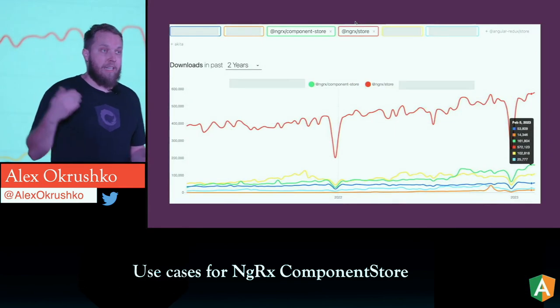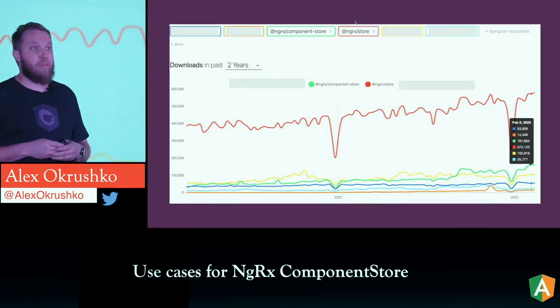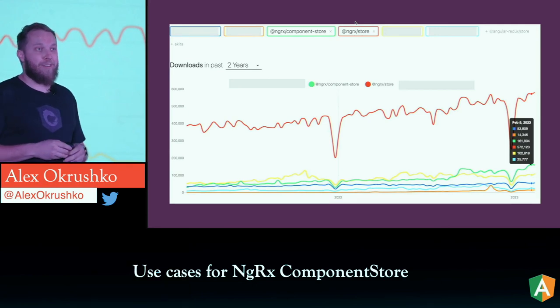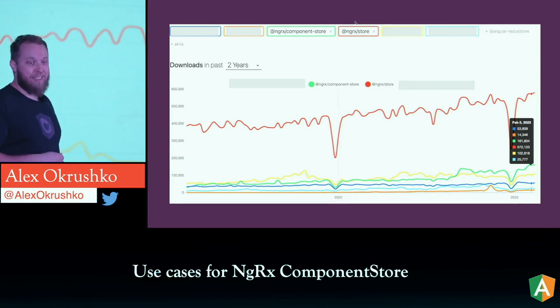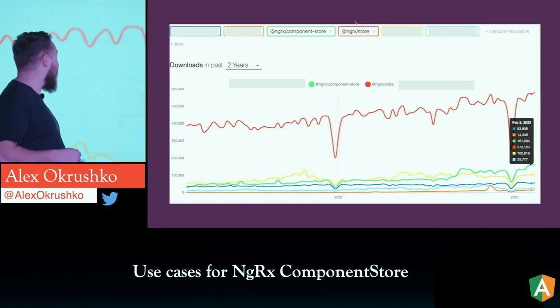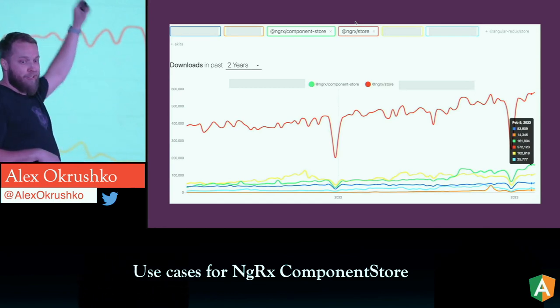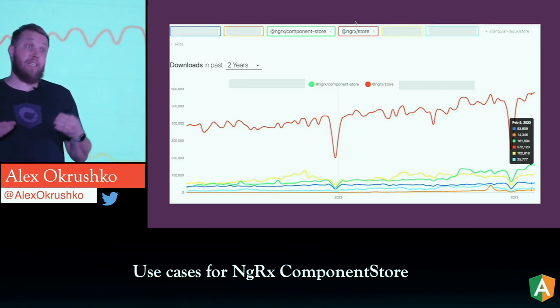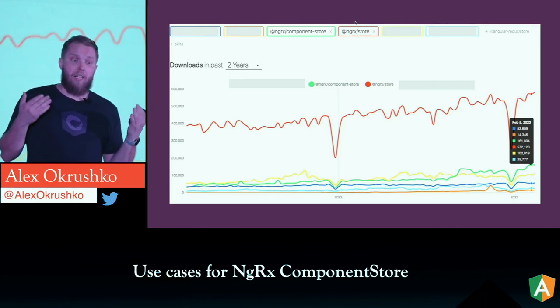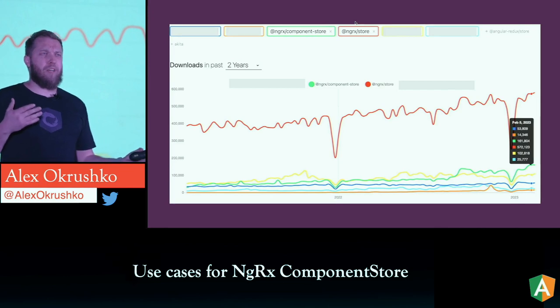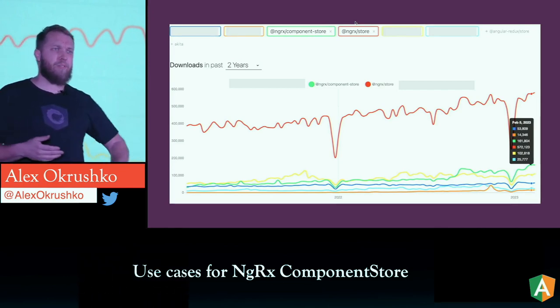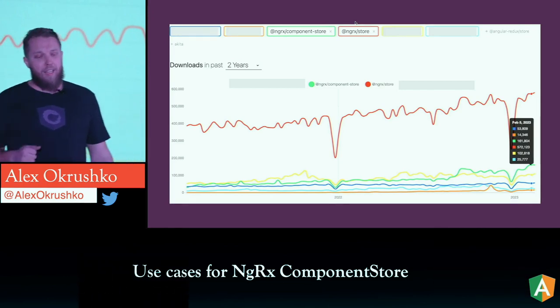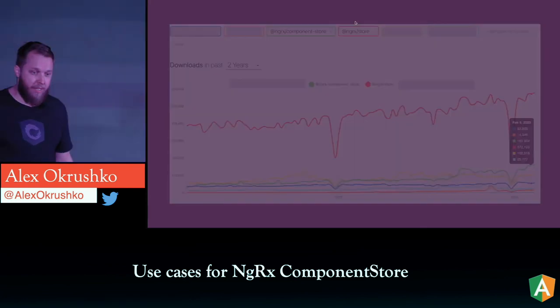In fact, it's the second most popular state management library, after its bigger brother, the NgRx store itself, which is right there on top, the red one. So you see it's getting some traction. And you might be asking, you have one, you have the other one, why do I need two? Let me go over some of those cases.